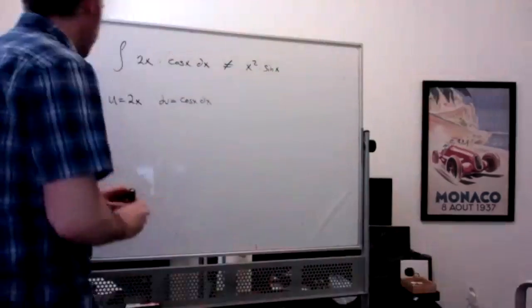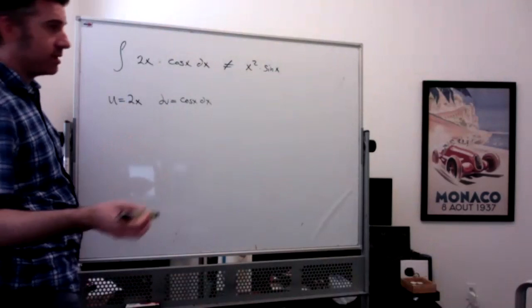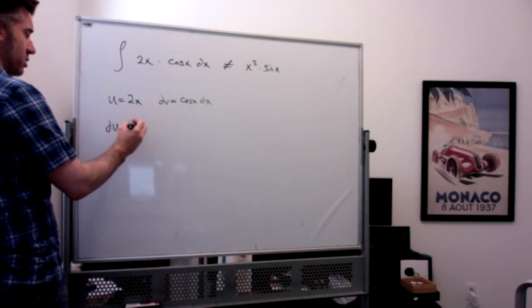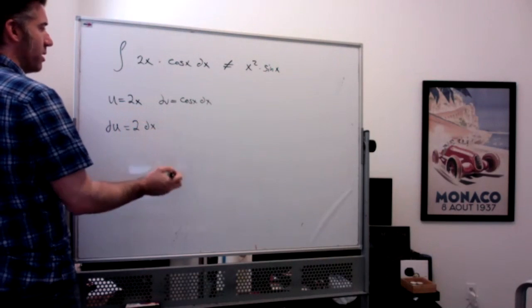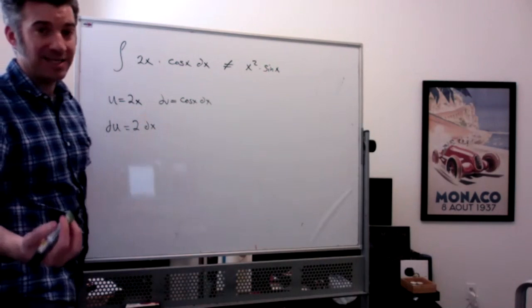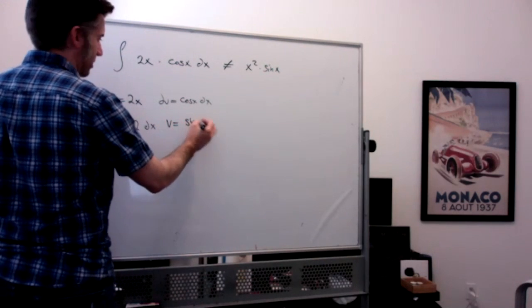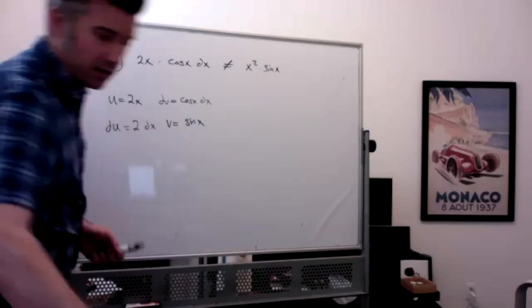So then we find du and v. So du, the derivative of 2x, is just 2 times dx. And v is the antiderivative of dv, so v is going to be sine of x. All right, so now here's what I'm going to do.